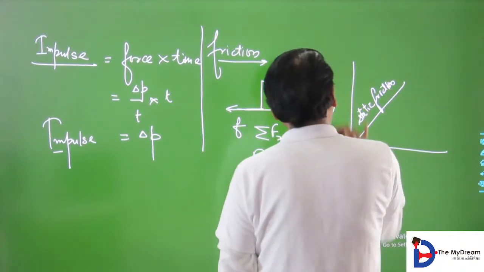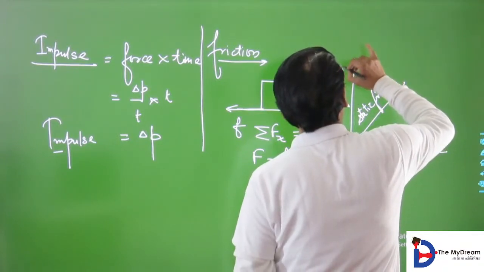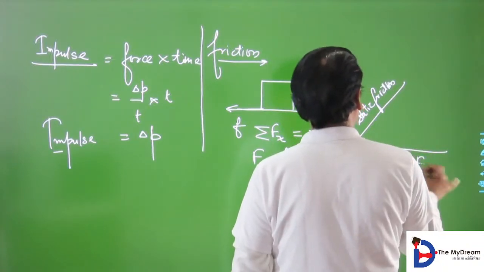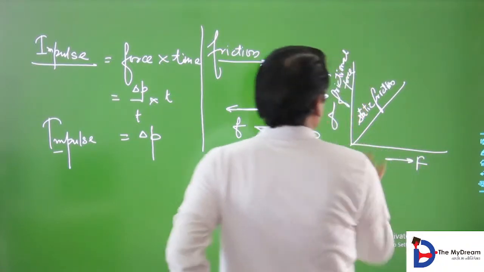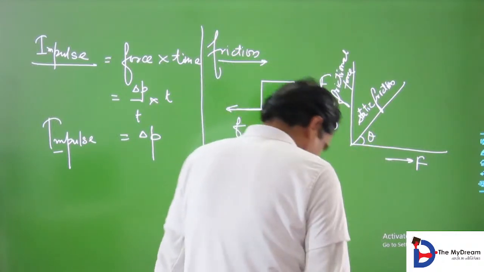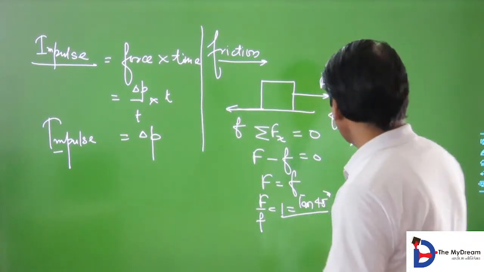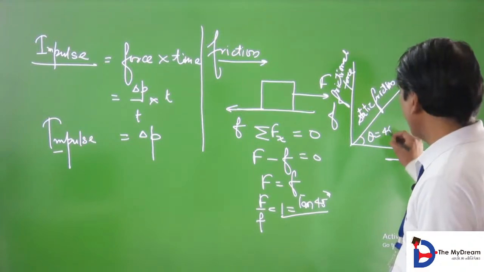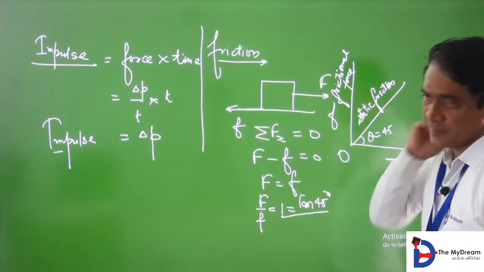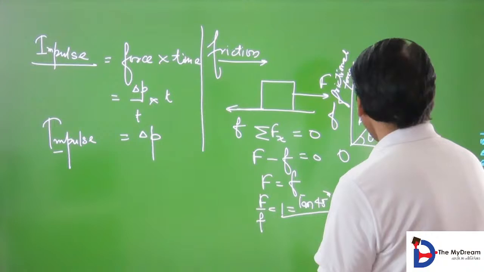We are talking about the frictional force. This is the applied force. So theta is 45 degrees. From origin to this point it follows the static friction.